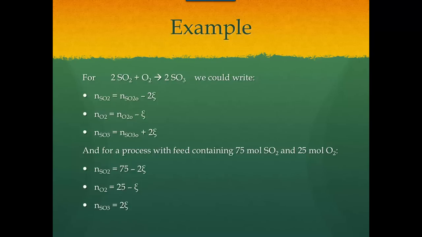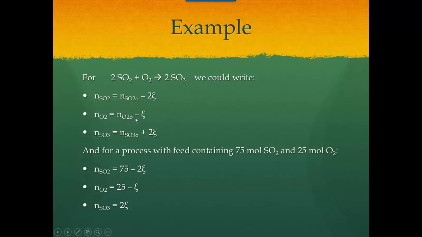Let's look at a quick example. For the reaction 2 SO2 plus O2 makes 2 SO3, the expressions that I would write for SO2, O2, and SO3 are simply going to be the initial number of moles of each of those. For SO2, it's minus 2 squiggle, so 2 get consumed, that's why minus.